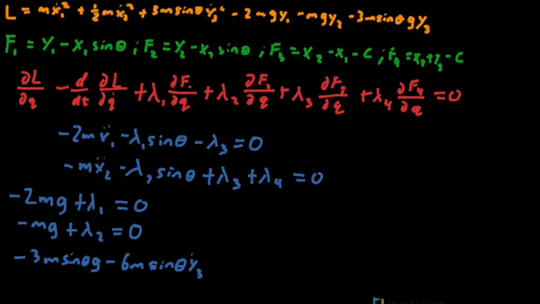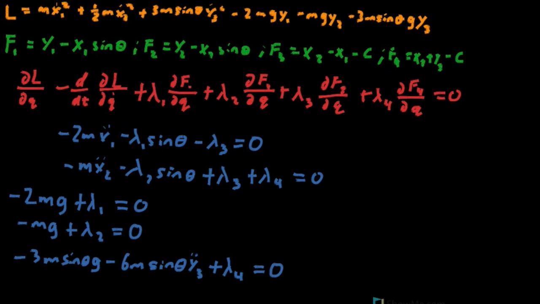Then we take the full time derivative of that, so we add another dot. Next, we look at all the constraint functions, and the only one that depends on y3 is the fourth constraint function. The partial of f4 with respect to y3 is 1, so we add lambda 4, and all that equals 0. Using this set of 5 equations, we can get the same results that we achieved from the Newtonian method.